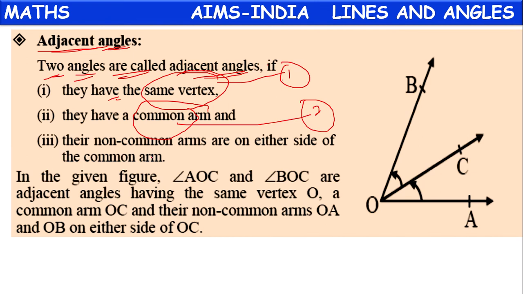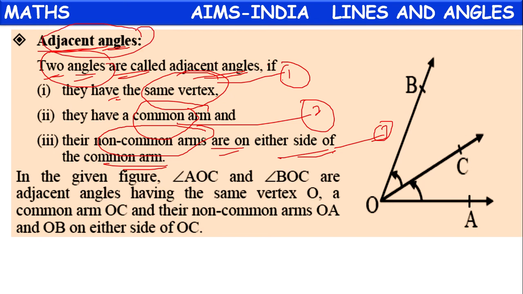And third point, non-common arms are on either side of the common arm. Means for the common arm, one on that side, one on this side. If these 3 points are satisfied, then the two angles are called adjacent angles.